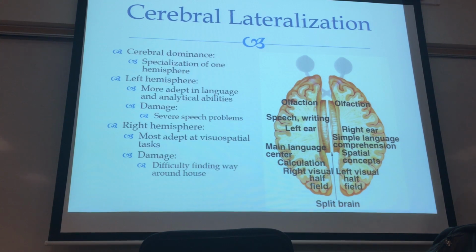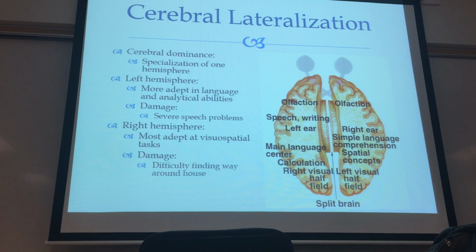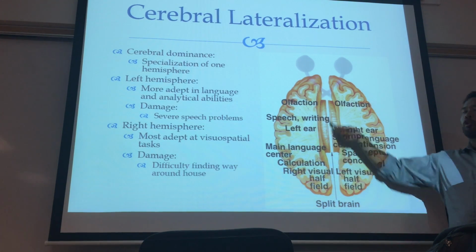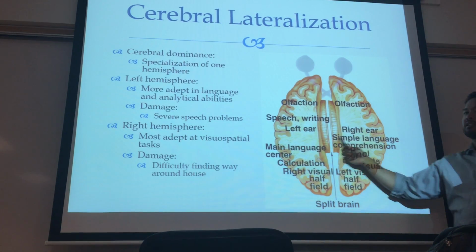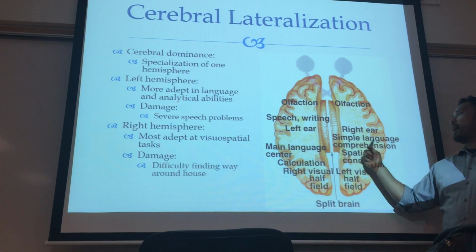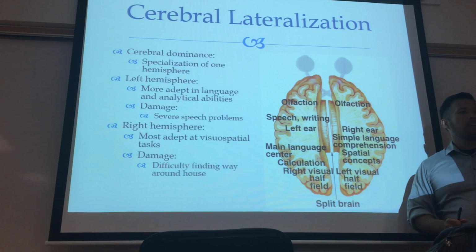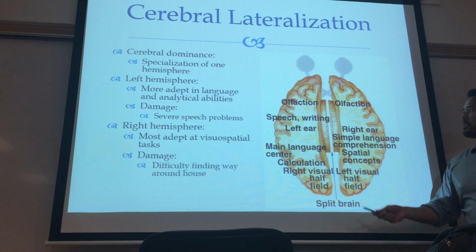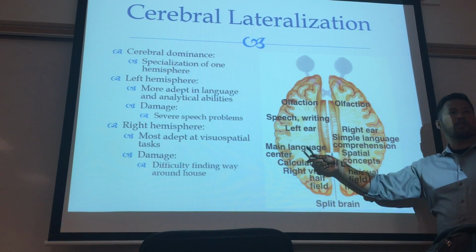Now, there is an issue with people with certain types of seizures, and these are fairly severe seizures, where one of the last measures that they can do is cut the corpus callosum. Because what they find about seizures is that you get a lot of, I would say, nonsensical, extreme electrical activity that happens on both sides, causing seizures to take place. What they can do to prevent some of the seizures is cut the area to prevent seizures from traveling from both sides.